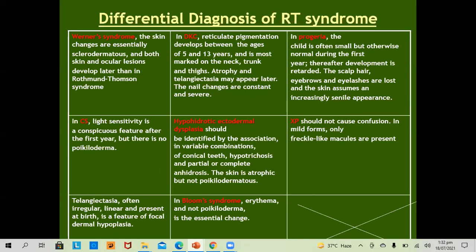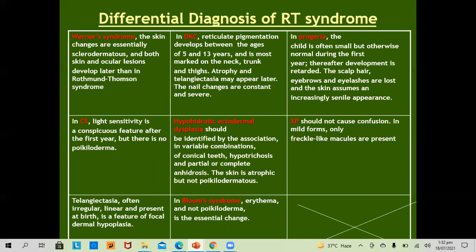In progeria, which is again a premature aging syndrome, the child is small but otherwise normal during the first year. Thereafter, development is retarded. Scalp hair, eyebrows, and lashes are lost, and the skin assumes an increasingly senile appearance, but there is no poikiloderma.